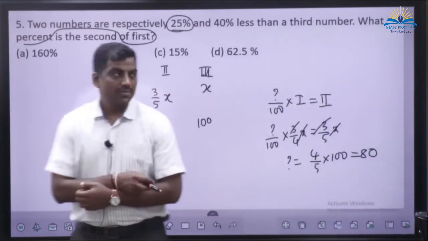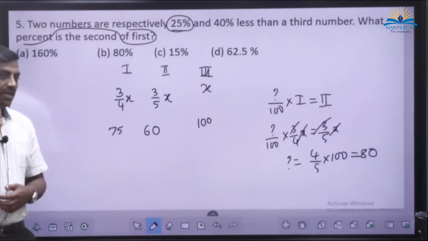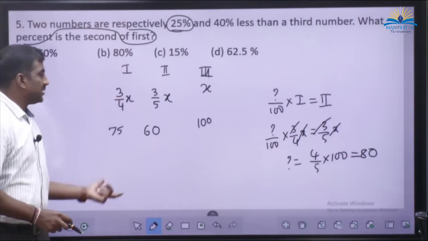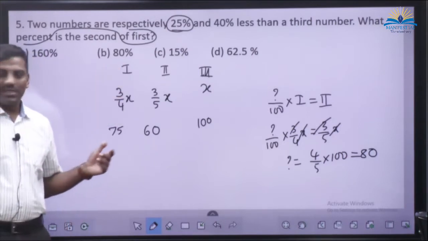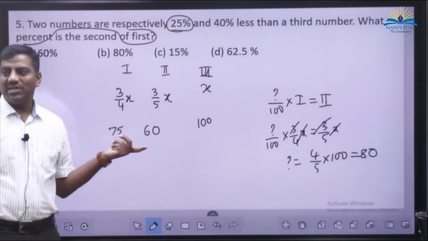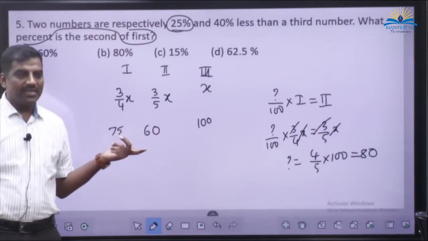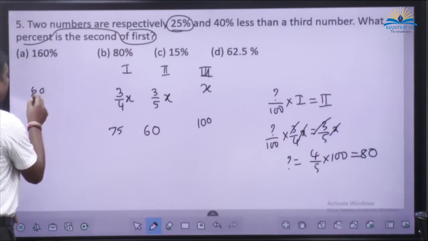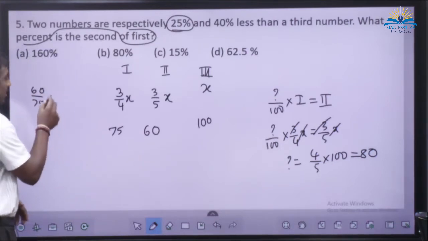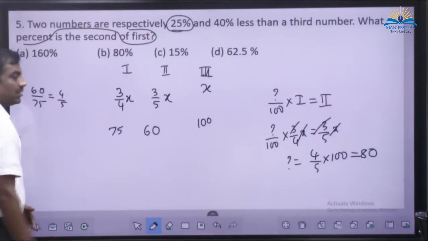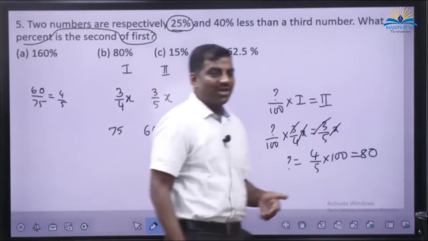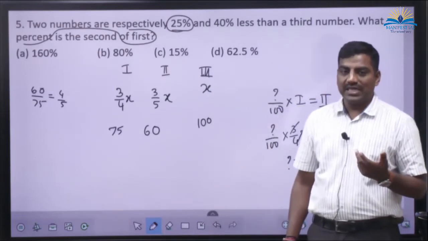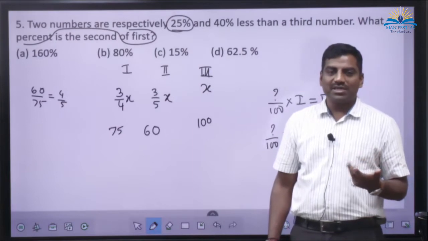That means the second number is 80% of the first. That means 60 is 80% of 75. Or simply 60 divided by 75 we are comparing, right? What is this? 15 fours are 60, 15 fives are 75. 4 by 5 is nothing but 80%, no?